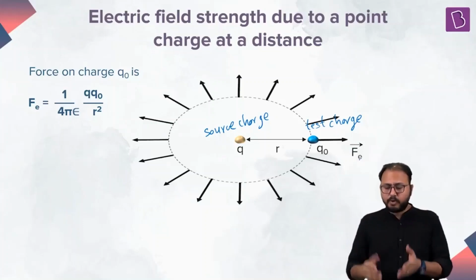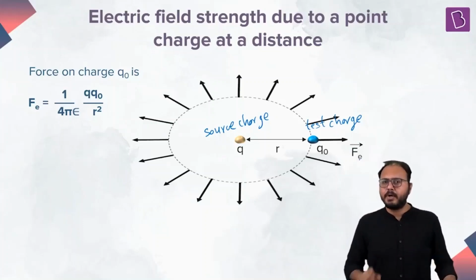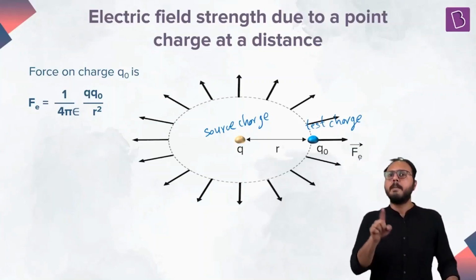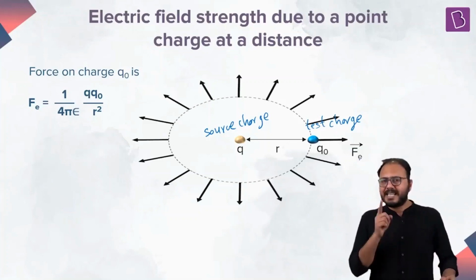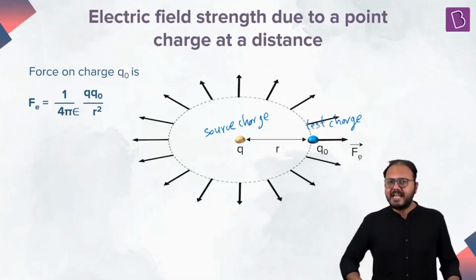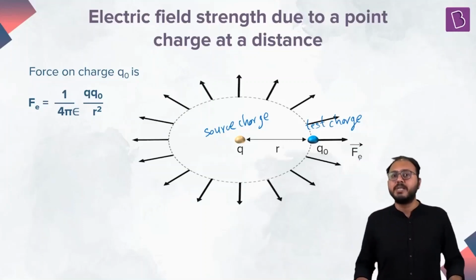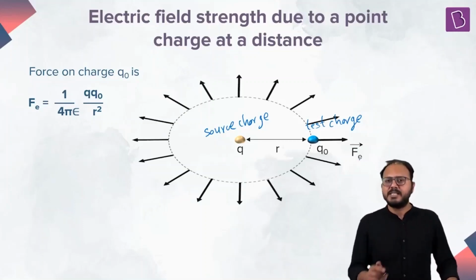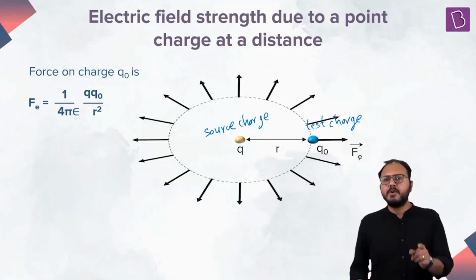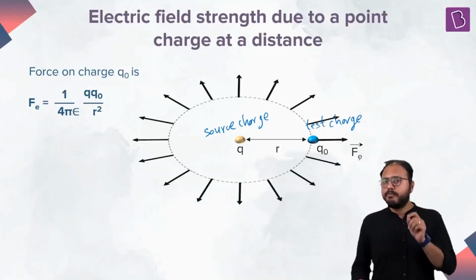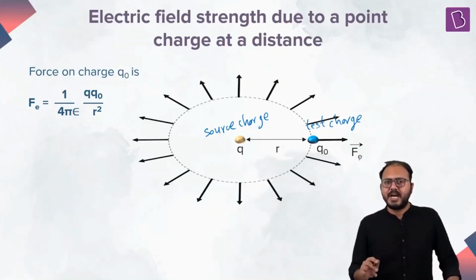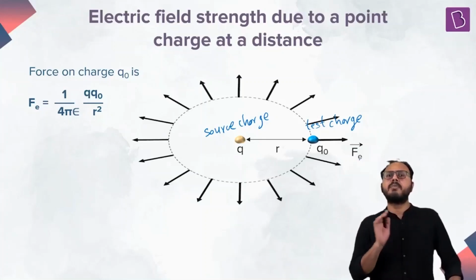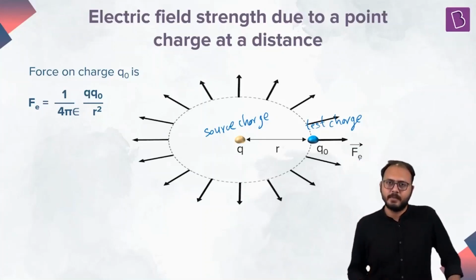In fact, I could have drawn a sphere of radius R because every point on the boundary or the periphery of the sphere is actually equidistant from the center where the source charge Q is kept. What I'm trying to suggest is that the expression of force, magnitude, not the direction, the magnitude of force between these two charges would remain unchanged if this test charge could move anywhere on the boundary of the sphere. Right? Perfect.